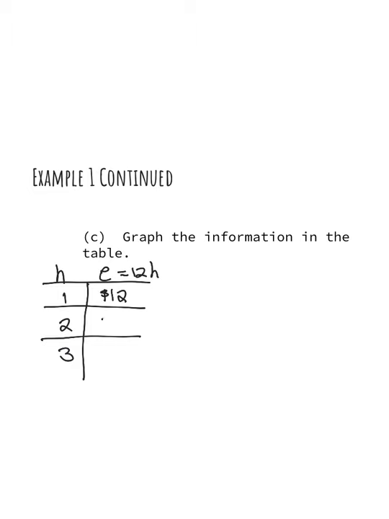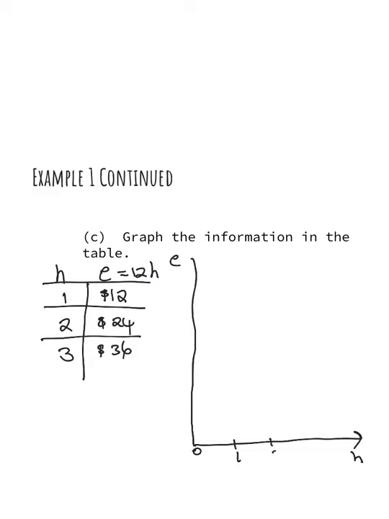When he worked 2 hours, he earned $24. And when he worked 3 hours, he earned $36. Okay, so we're now going to graph this. I only need the first quadrant since everything is positive. So I'm just going to show that. Hours would be on the x-axis, and the y-axis would show the earnings.